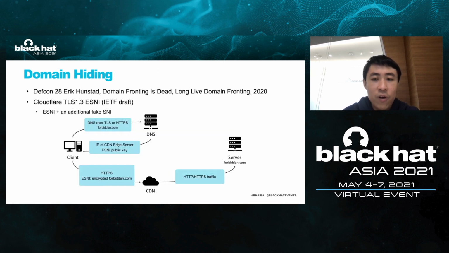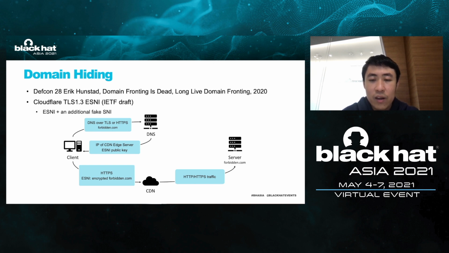Last year at DEF CON, Eric proposed a new concept called domain hiding. The main idea is using a feature of Cloudflare to hide traffic. Cloudflare supports TLS 1.3 with ESNI, which is currently an IETF draft. ESNI encrypts the SNI so that the firewall does not know what domain the client established a connection to.